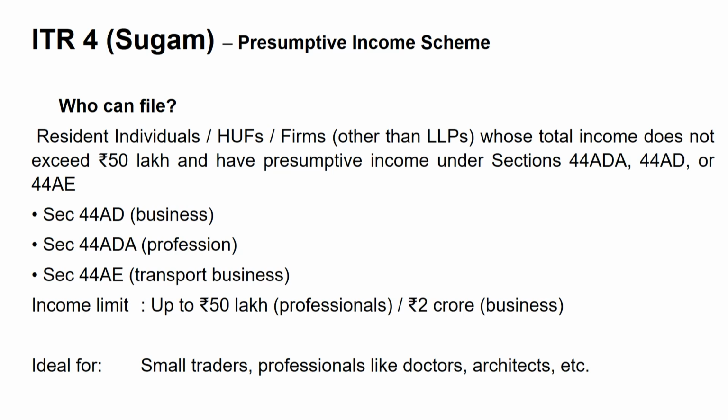Next ITR form is ITR4 Sugam, which is for the presumptive income scheme. So under the presumptive income scheme, some sections have been mentioned in the IT Act of our country, such as section 44ADA, 44AD and 44AE. These sections have been discussed for the business form of organization.